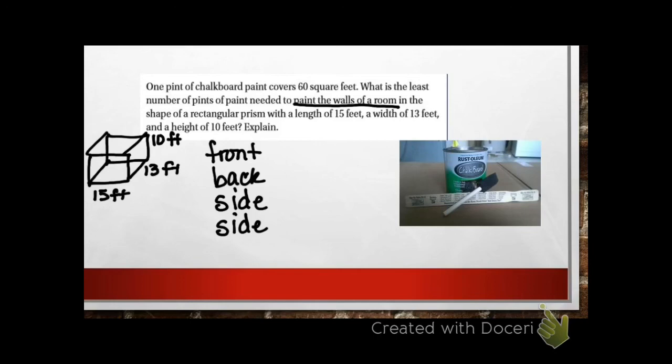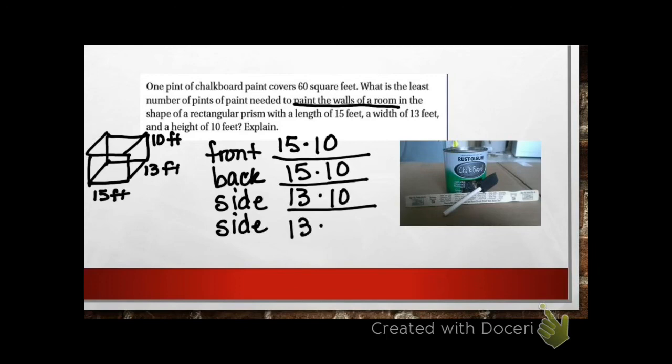All right, if I'm going to label this and figure out the front, I'm going to figure out 15 times 10. The back will be the same, 15 times 10. My side is going to be 13 times 10 and 13 times 10.